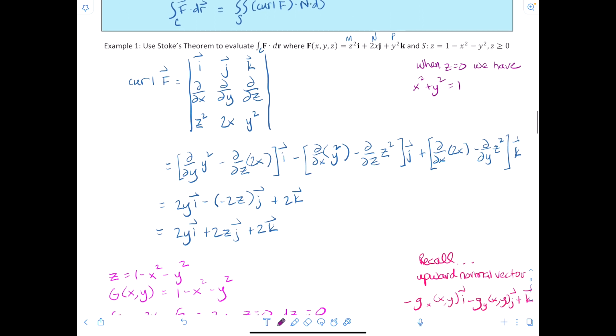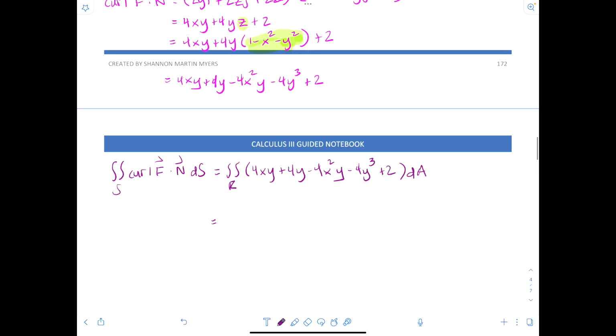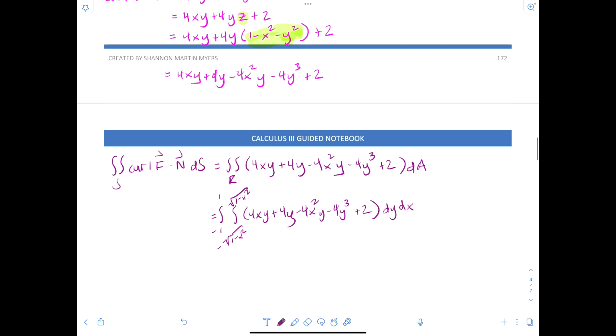So we will have the integral from negative 1 to 1, and then the integral of negative root 1 minus x squared to root 1 minus x squared. And then all of this stuff, 4xy plus 4y minus 4x squared y minus 4y cubed plus 2 dy dx.